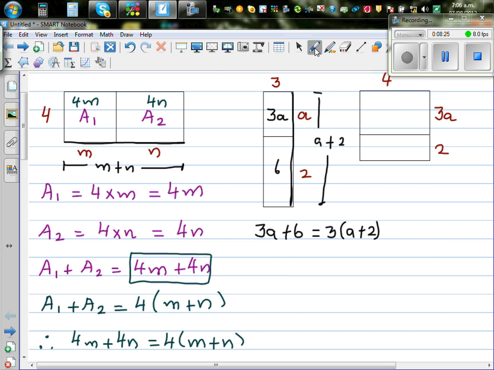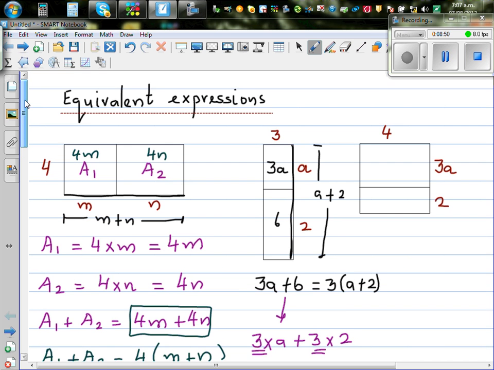Or, as I explained in numbers, can you write this as 3 times a plus 3 times 2? 6 I can write as 3 times 2, and 3a I can write as 3 times a. So you can take the common factor out, which is 3, and then write inside the bracket a plus 2. So this is called writing in equivalent form.